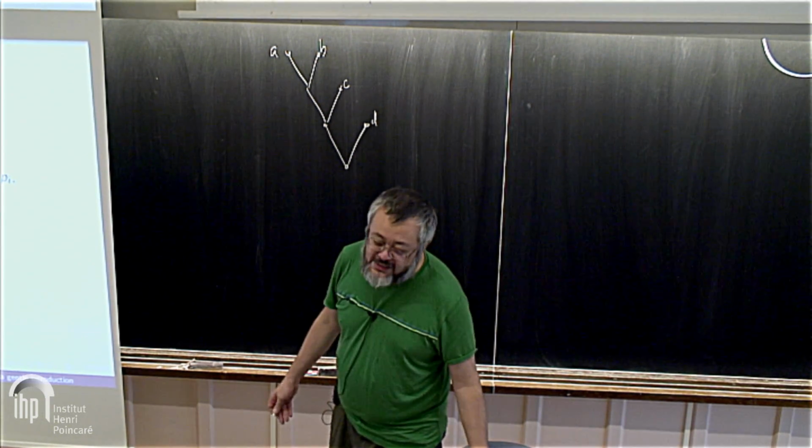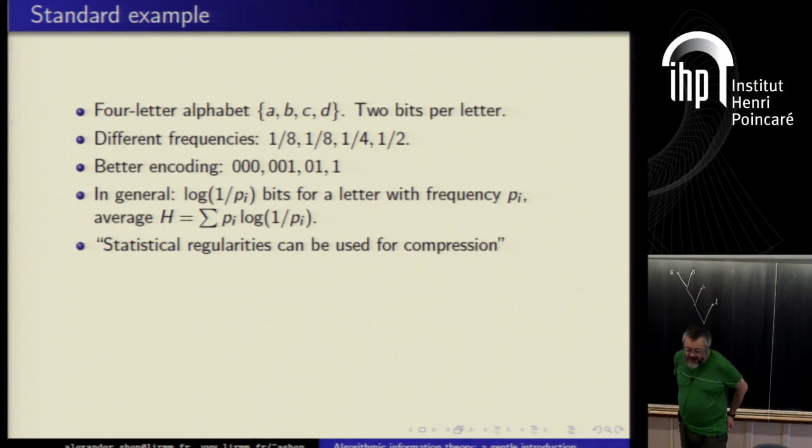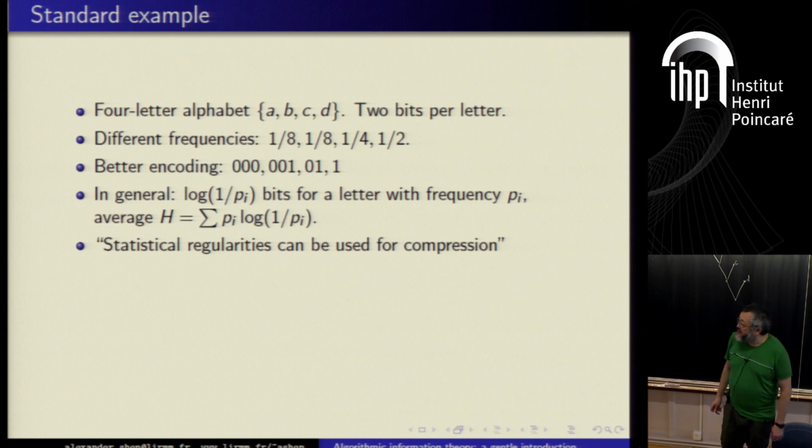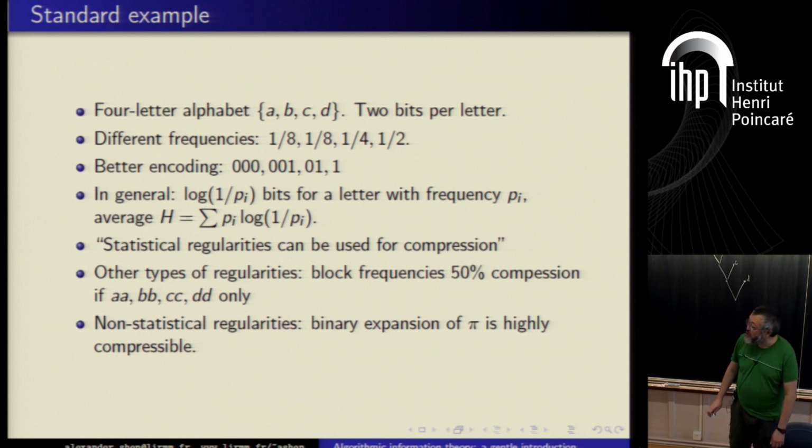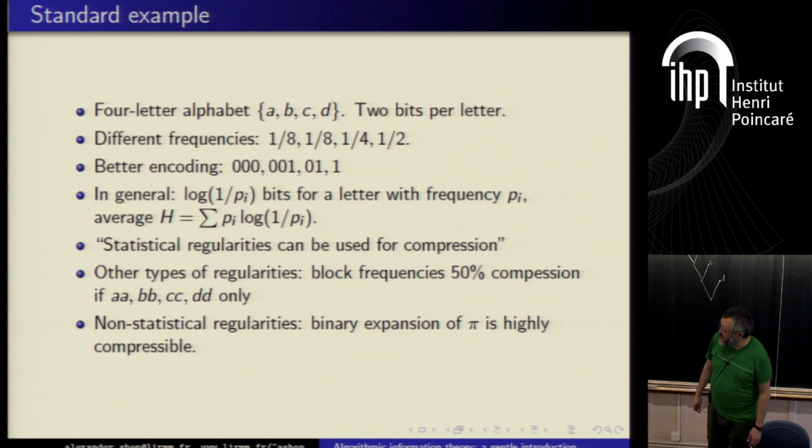So the start of Kolmogorov's idea was that in this way we use statistical regularities, but there are many types of them, not only frequencies. For example, there are frequencies of pairs or something like this. And also there are some regularities which are not of a statistical nature.